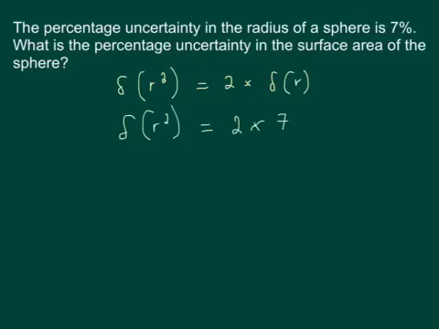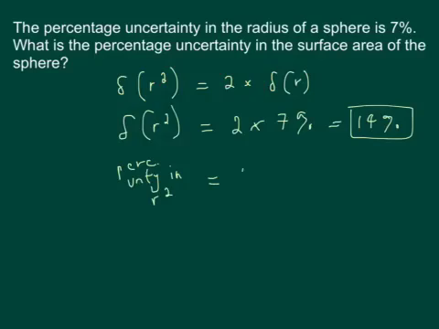It's 2 times 7%, and that gets 14%. So the percentage uncertainty in r squared is 14%. Except that if the percentage uncertainty in r squared is 14%, then the percentage uncertainty in the surface area is also 14%.